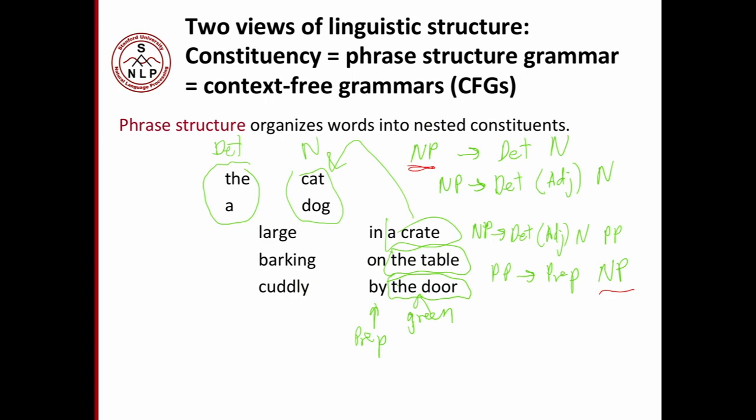I can say the cat by the large door, or indeed I could say the cat by the large crate, the cat by the large crate on the table, or something like that, because once a prepositional phrase includes a noun phrase, and a noun phrase includes a prepositional phrase, I've already got something that I can recursively go back and forth between noun phrases, and I can make infinitely big sentences, right?